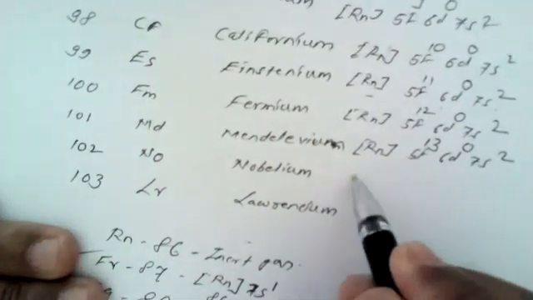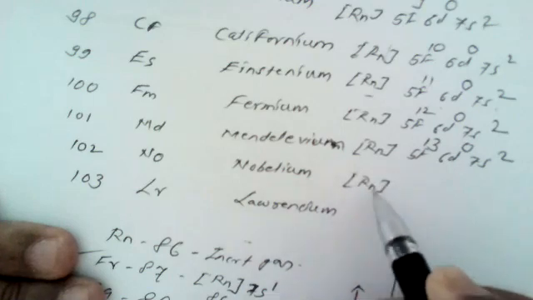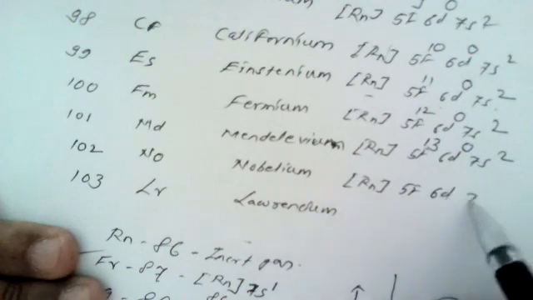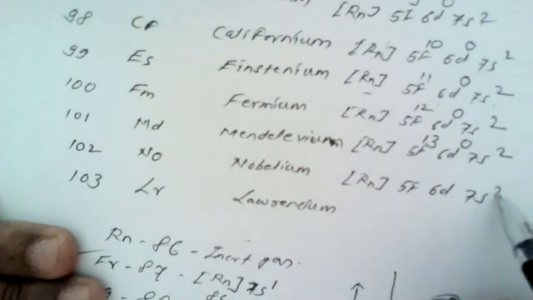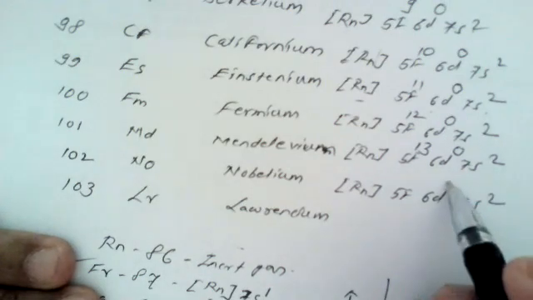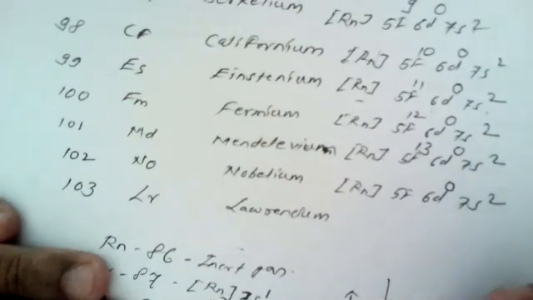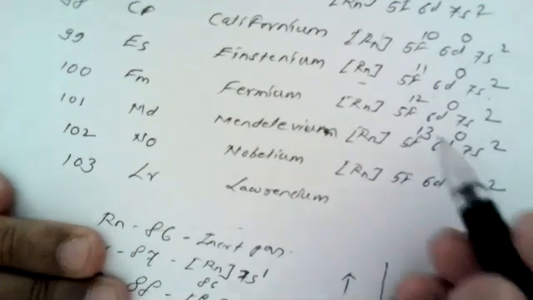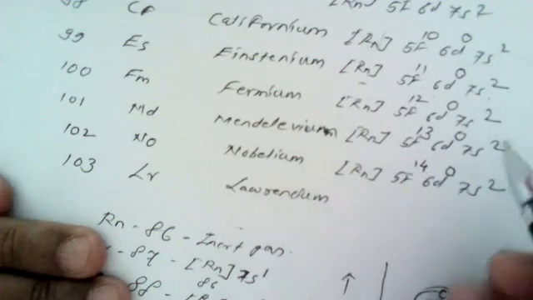Now come to nobelium, the last but one element, radon, 5f, 6d, 7s. No question about 7s. You can write directly 7s2. Again 6d0. And whatever electrons are there, we have to write in the 5f orbital.